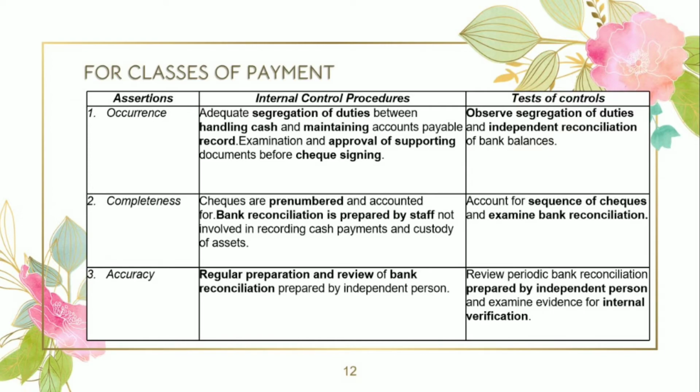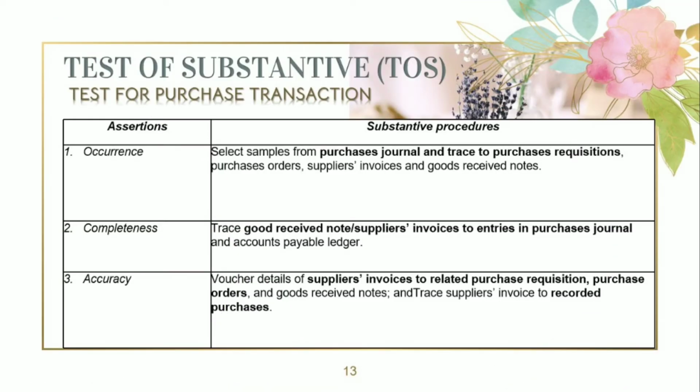Okay, the test of substantive. First is the test for purchase transactions. For the assertion of occurrence, select a sample from the purchase journal and trace it to the purchase requisition, purchase order, supplier invoice and goods received note.